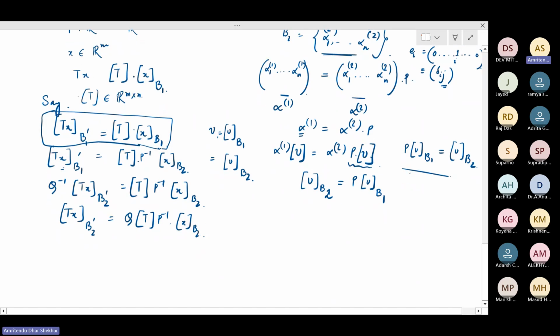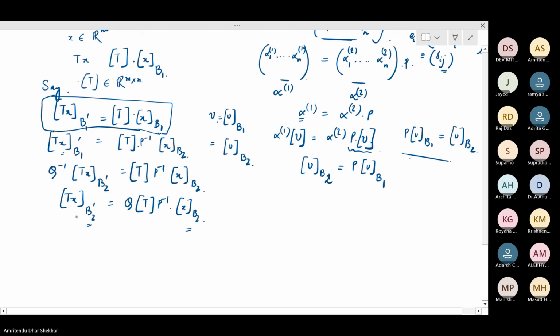So it turns out that the matrix representation that you get with respect to the choice of basis b2 and b2 prime, let me just write it down over here.